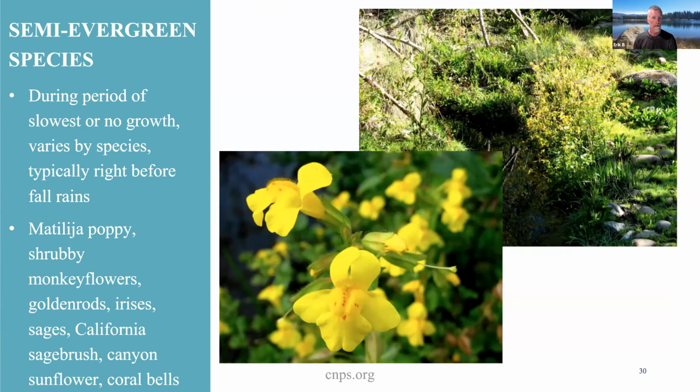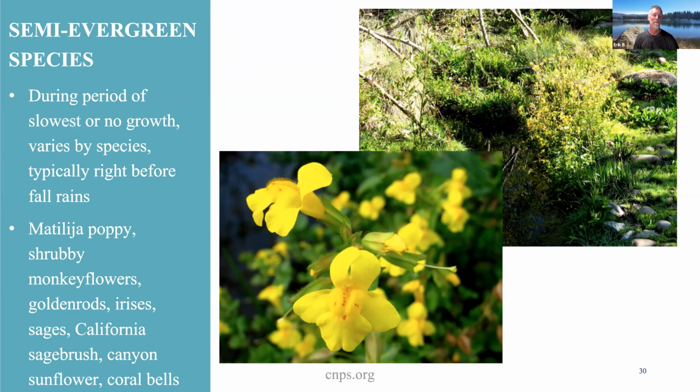Semi-evergreen species. This also sometimes confuses me. We've got the semi-evergreen, the evergreens, the deciduous. Sometimes I have trouble remembering what they all do. So again, knowing where to get the information is really important.